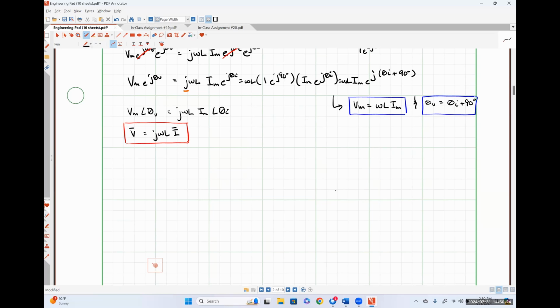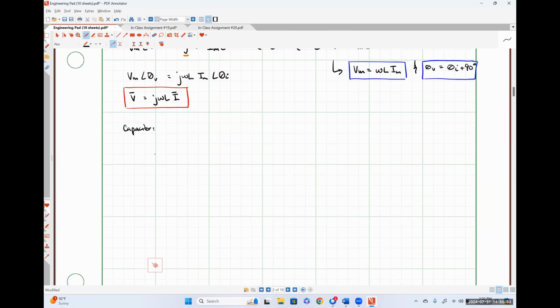Lastly, let's talk about what happens when we have a capacitor. So here's our capacitance C, and we're going to sinusoidally excite it with the exact same voltage that we've been doing and look at the sinusoidal current that flows through it, right?